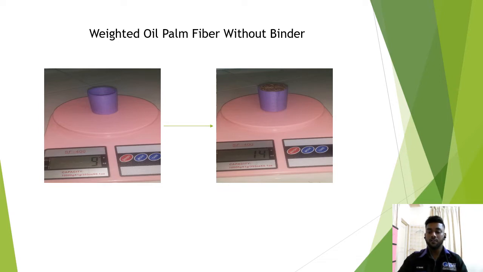For without binder, we don't add any kind of binder or silicone. So for every thickness from 1 cm until 6 cm, we use the weighing scale to find out the mass of natural fiber, and we need to insert the exact or desired mass of natural fiber in the fiber slot.